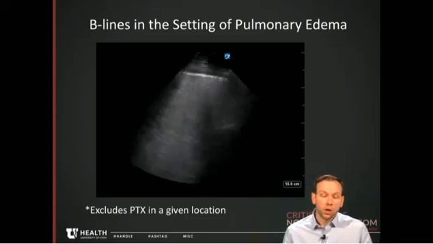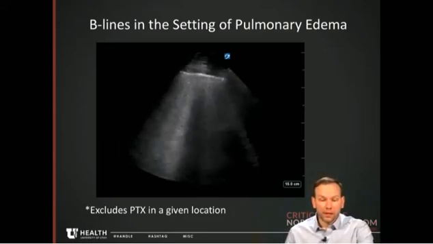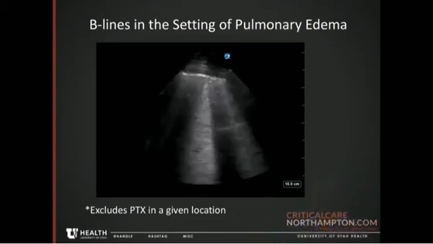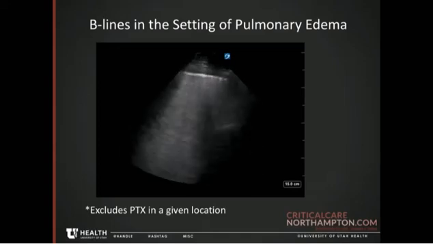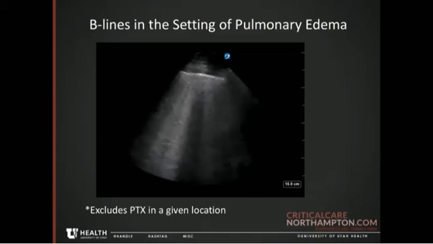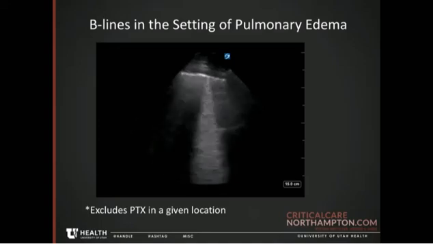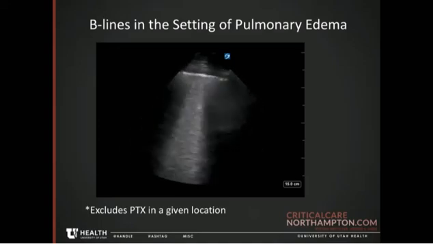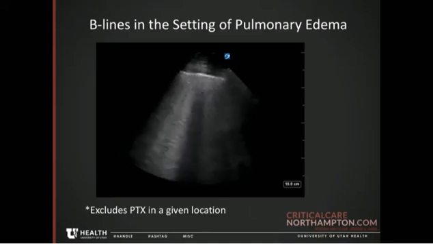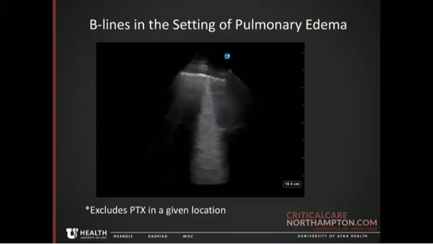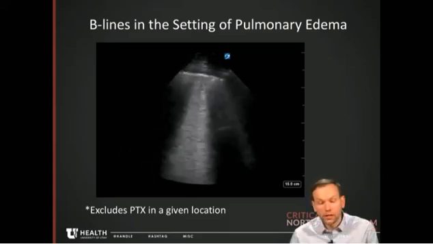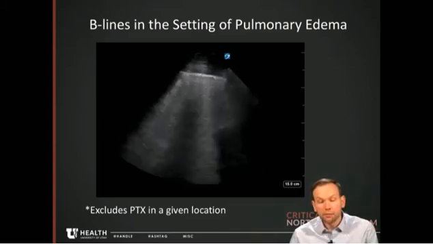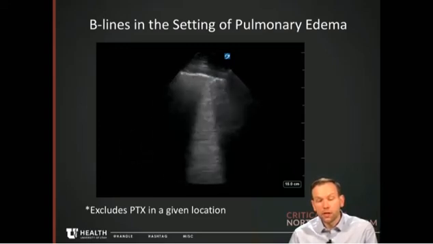And so what you can say, though, is that as you look at the B line, also sometimes called a comet tail, there is the ants marching on a log phenomenon where you can see the lung sliding. And additionally, you can see that the B lines move with the ants.